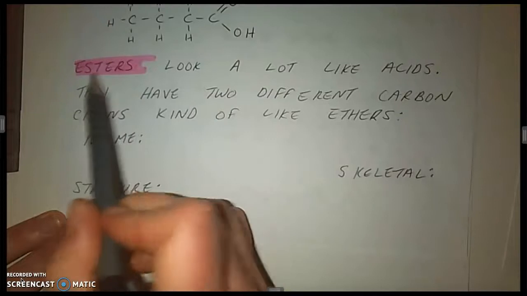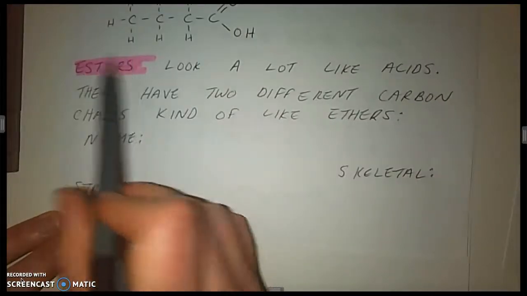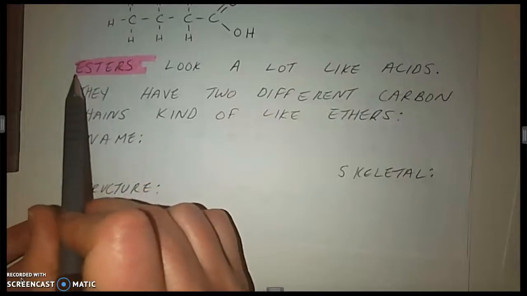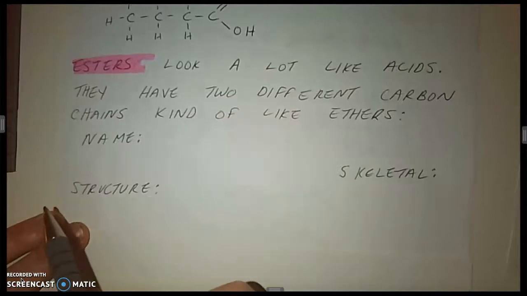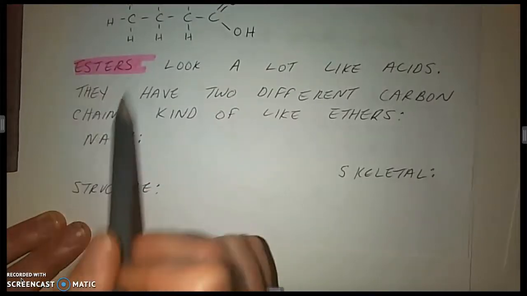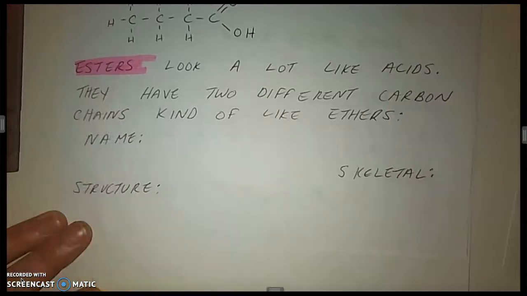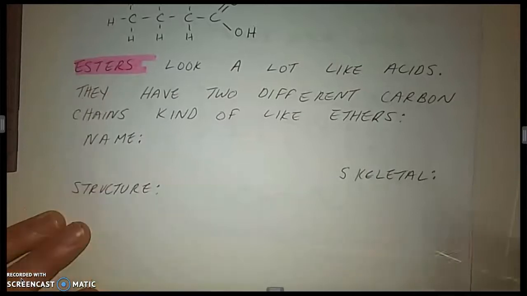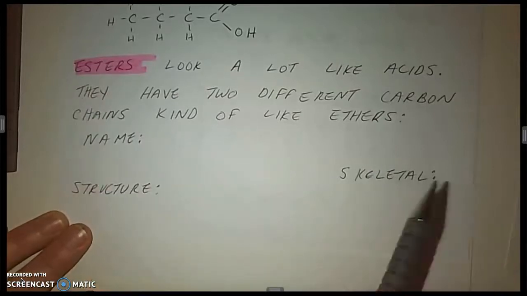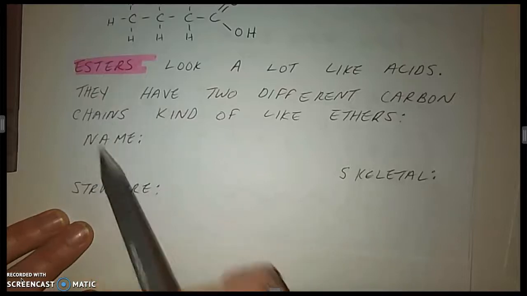The other cool thing about esters, I'm really sad that it doesn't look like we'll be able to do this lab, but you can actually make esters in the class, using compounds that we have in the chemical storeroom at school, and they have kind of interesting smells. A lot of smell and flavor compounds are esters. We're going to miss out on that opportunity. I'm sorry about that, guys. Regardless, let's not be too sad about it.